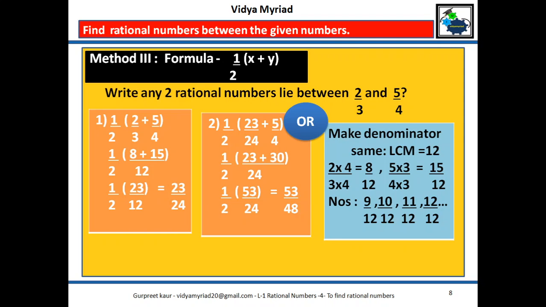So the idea is I have taught you now the three methods by which you can find the rational numbers. Whatever way you find it easier, you can apply that. Either you can make the denominator the same, or if it is already the same, you can multiply and divide by tens or hundreds, or you can use this formula, whichever you feel convenient.